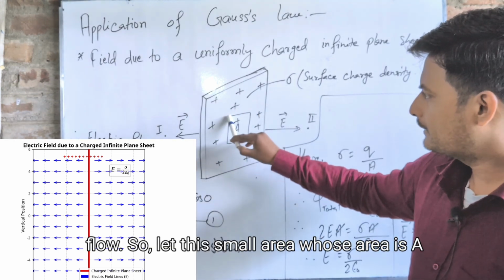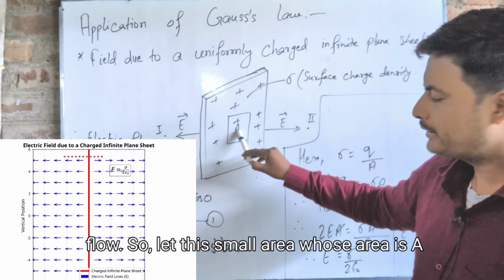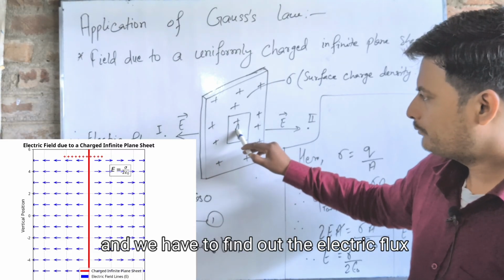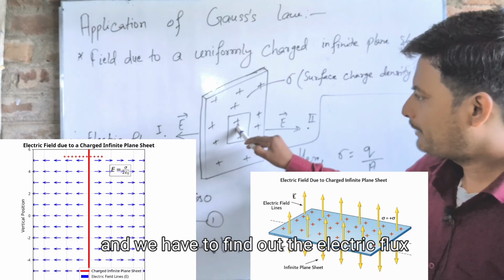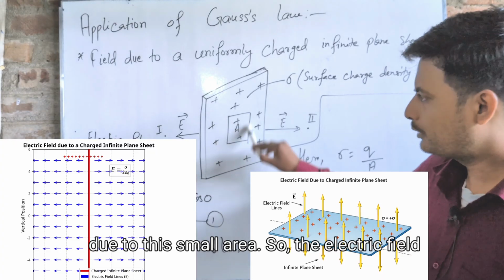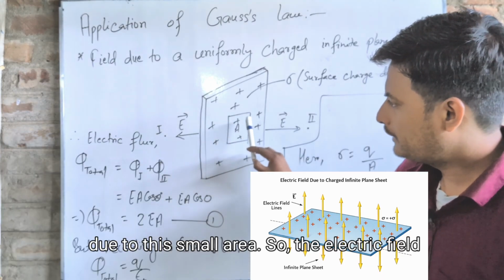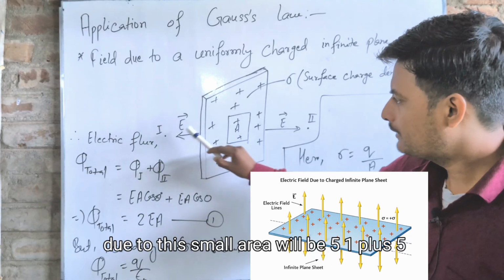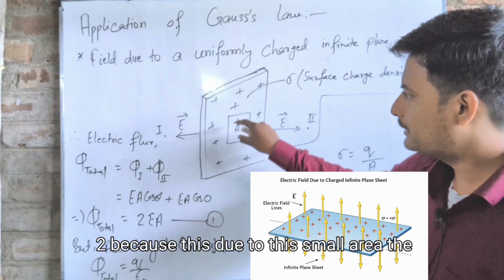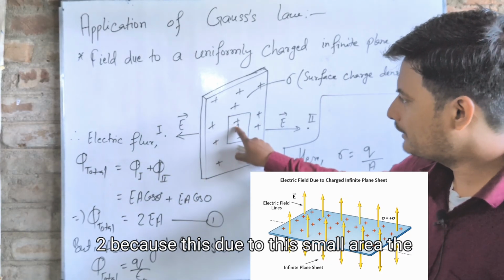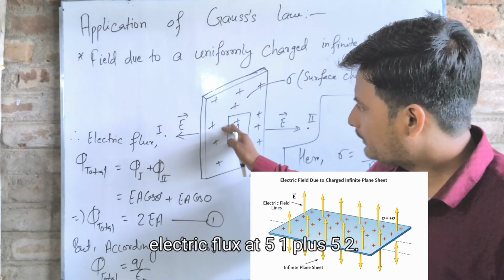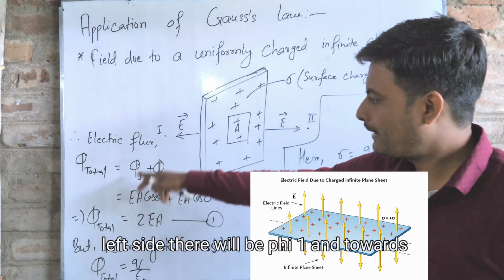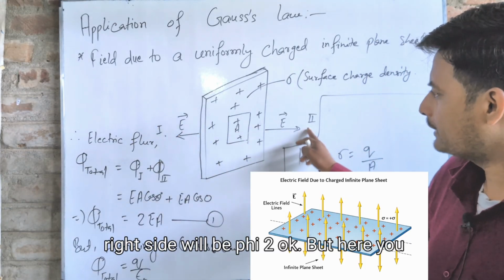So let this small area be A, and we have to find out the electric flux due to this small area. The electric flux due to this small area will be phi 1 plus phi 2, because the electric flux towards the left side will be phi 1, and towards the right side will be phi 2.